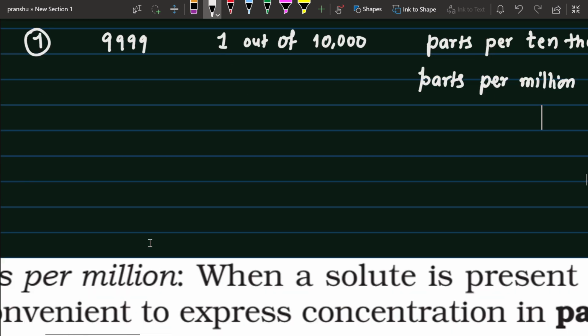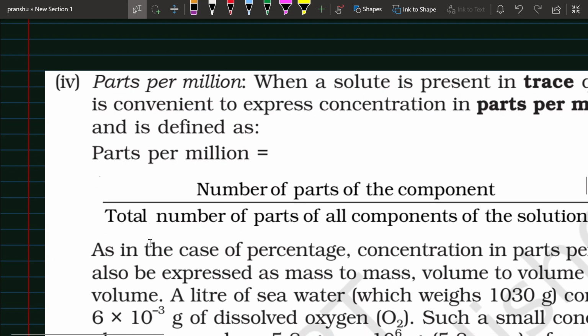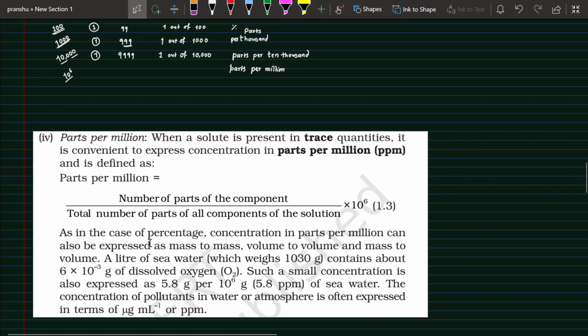Similarly, 10 raised to power 9 is parts per billion. So number of parts of component divided by number of parts of total component into 10 raised to power 6 is ppm. Just like 100 is the percentage, 10 raised to power 6 is the ppm.